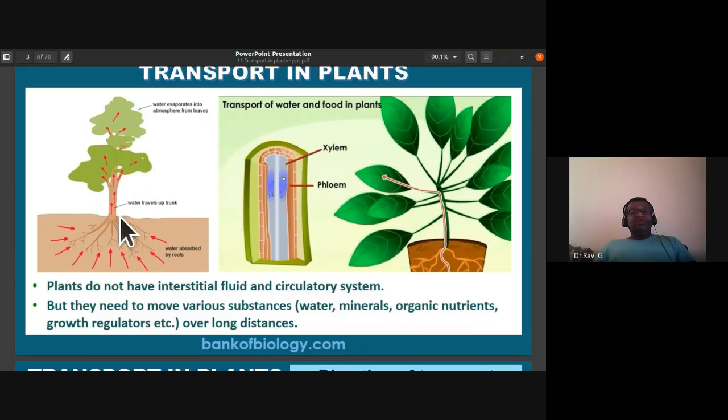But in a very tall tree, some of them nearly 110 meters tall, like Sequoia sempervirens, water still has to be supplied to the tip of the tree, and for that they require various mechanisms. We'll be discussing that in the uptake of water. So plants require water, minerals, organic nutrients, and growth regulators to be transported over long distances.